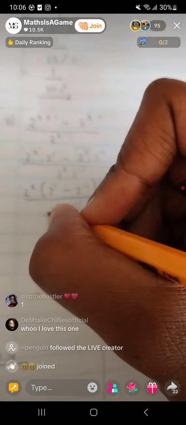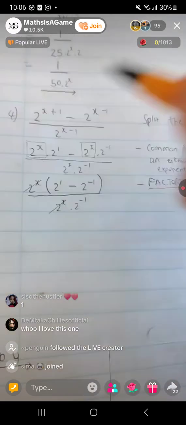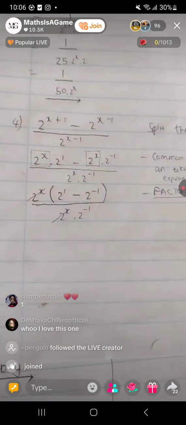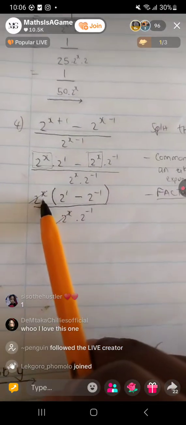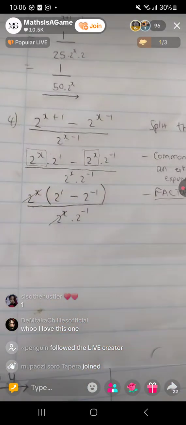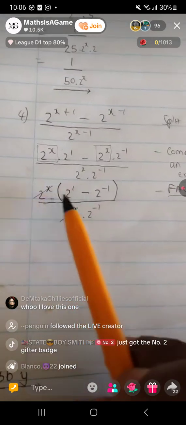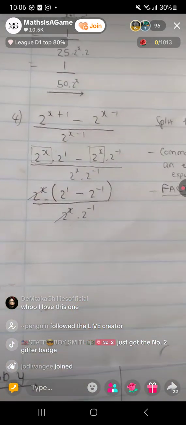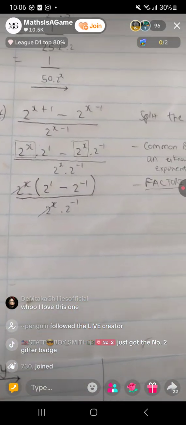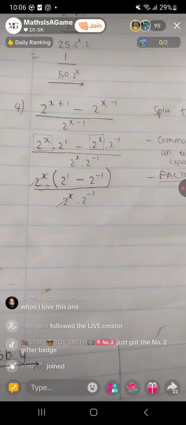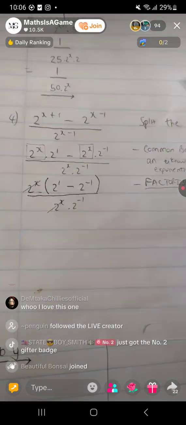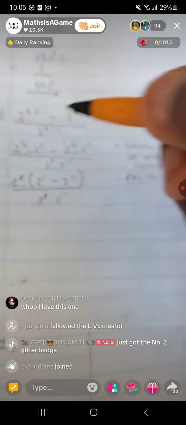So 2 to the power x and 2 to the power x can be cancelled because it is not across an addition or subtraction sign. It is a relationship of multiply that has been created through factorization.